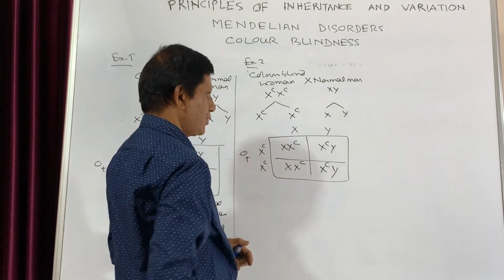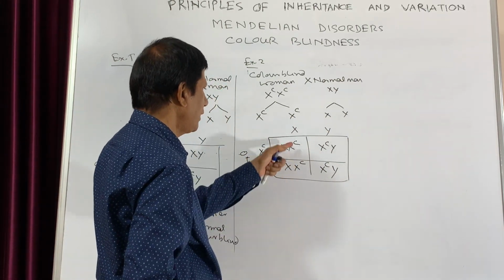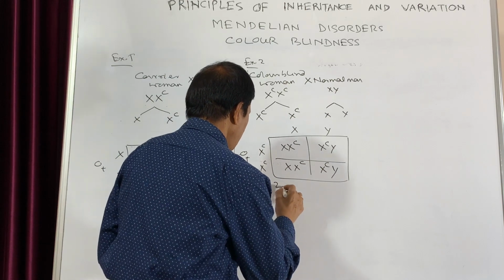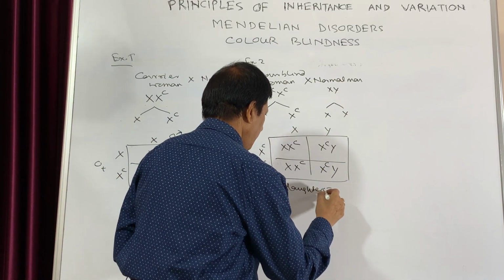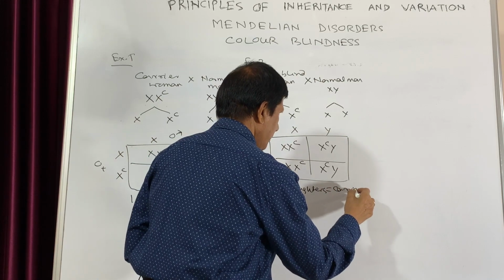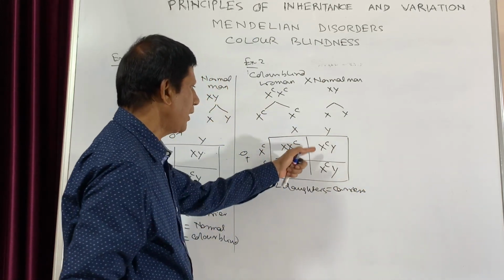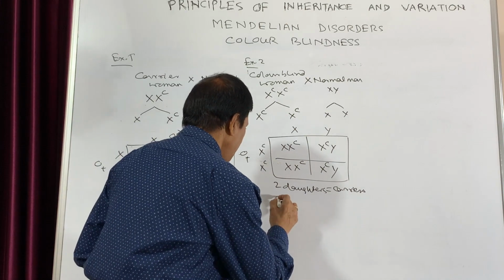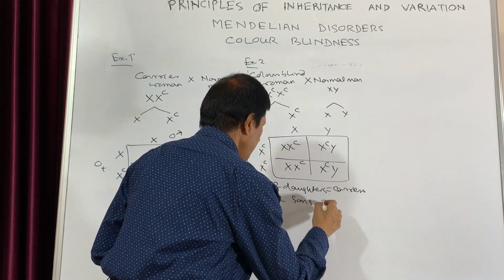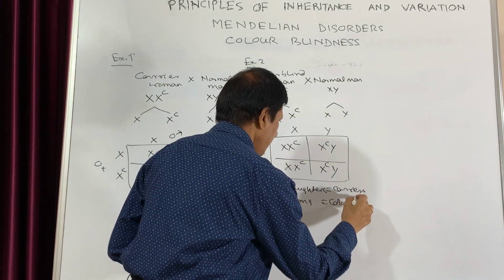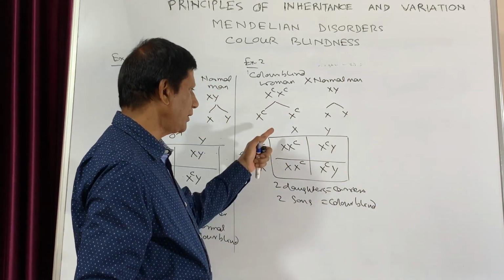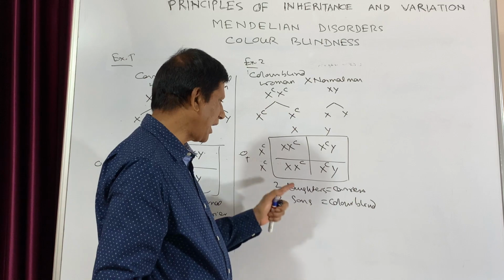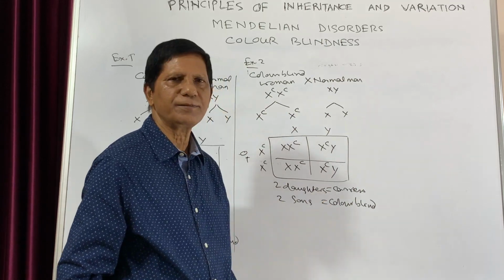There are two daughters and both the daughters are carriers. And what about sons? That means two sons, they are colorblind. That means all the daughters are carriers and all the sons are colorblind.